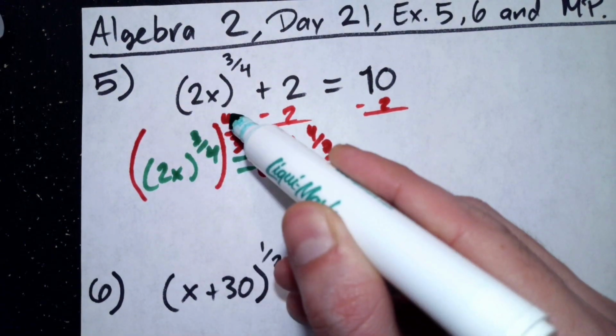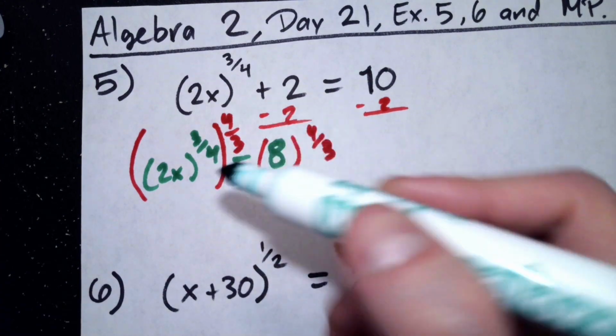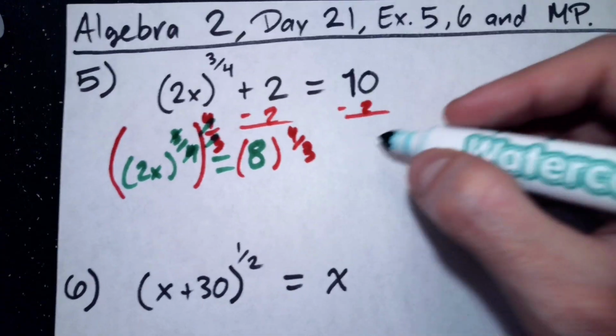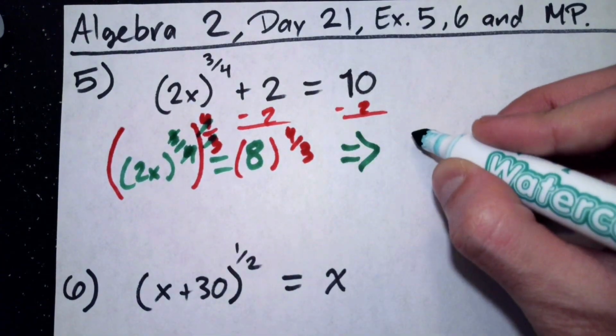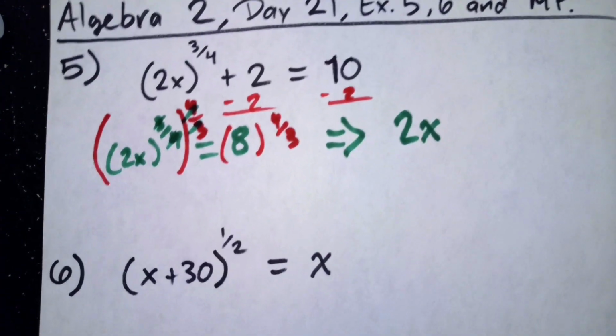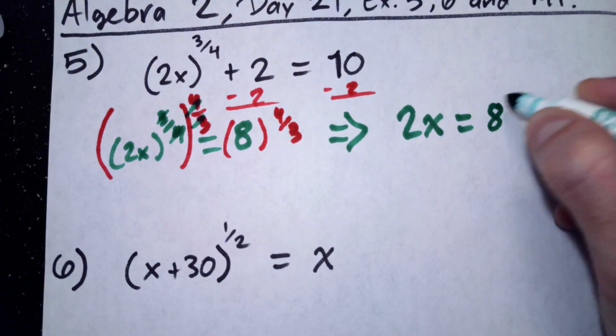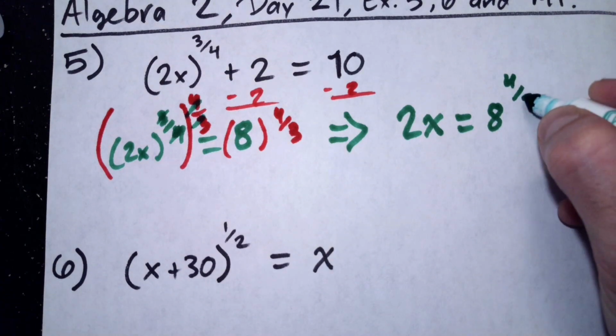So 3 times 4 divided by 4 times 3 is 1, right? So 3, 3, 1, 1, that is just 1. So we are left with 2x by itself. And then this is equal to 8 to the 4/3 power.